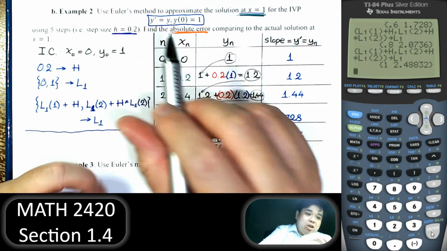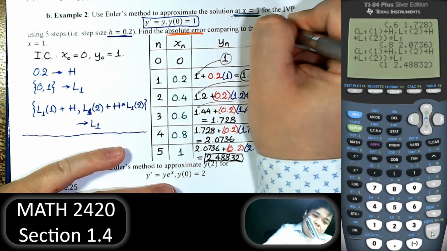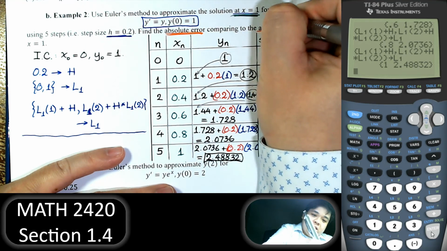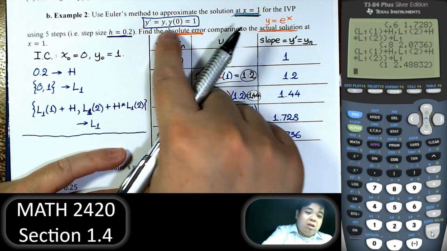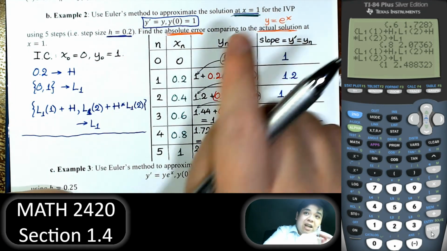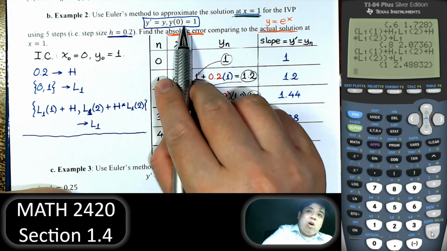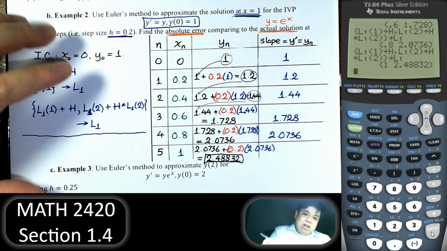That will be the exponential function, right? So the actual solution is y equal to e to the x, because the derivative will be equal to the function itself. The only function of that kind is e to the x. And also when x equals 0, e to the 0 power is 1. So this is actually the solution. The actual solution is y equal to e to the x.